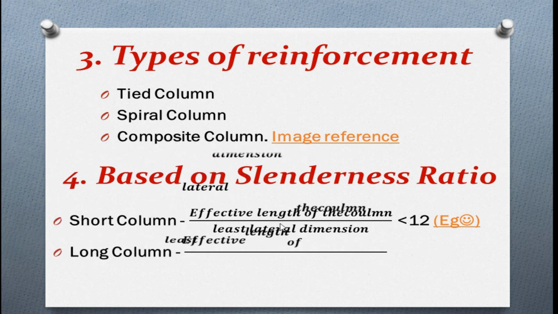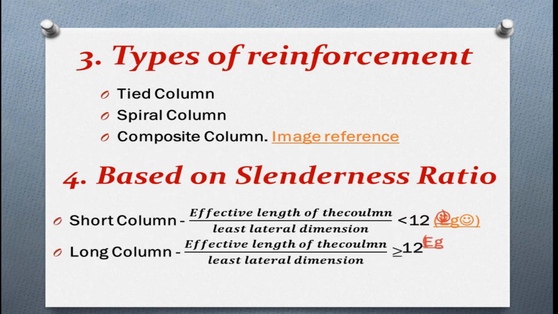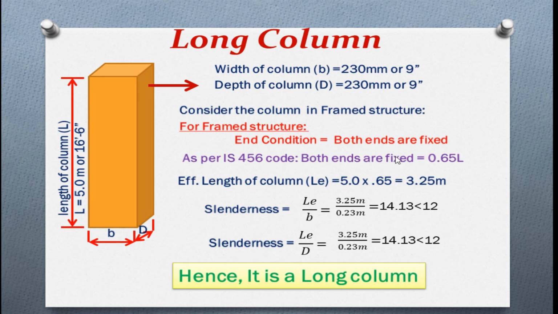Next, the long column. For a long column, the effective length of the column divided by the least lateral dimension is greater than or equal to 12. We will see it with an example. If the slenderness ratio is greater than or equal to 12, then it is called a long column.